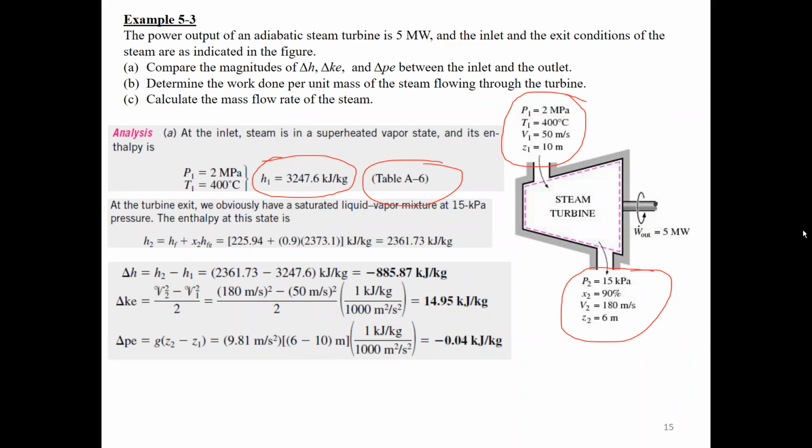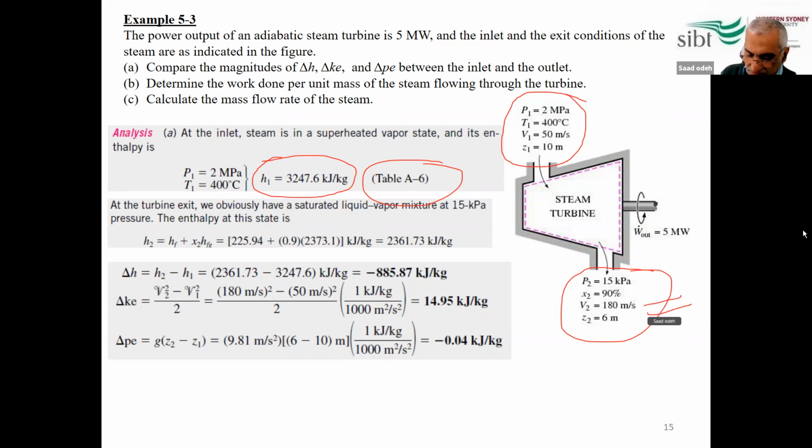Yes, sir. So how do you know the exit is two-phase? I'm not too sure. I wasn't here last time, but I would say because it's lost its energy. No, you know, this part of the system, the exit, there is a property here that you can tell this is a two-phase.